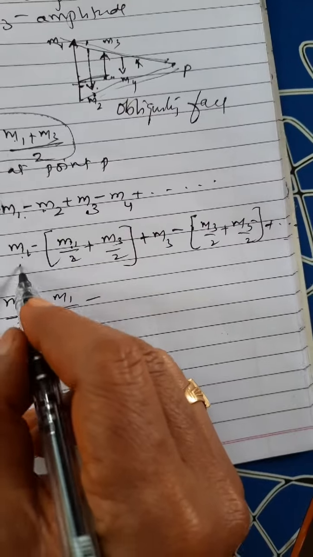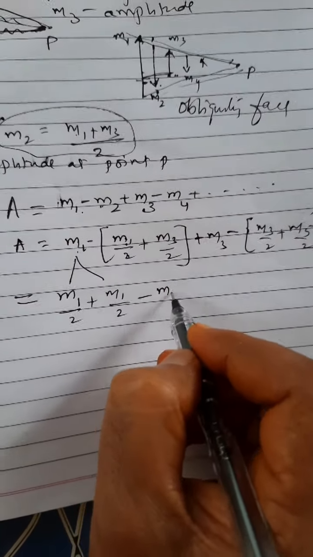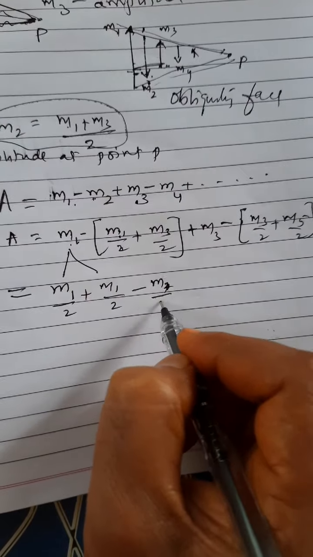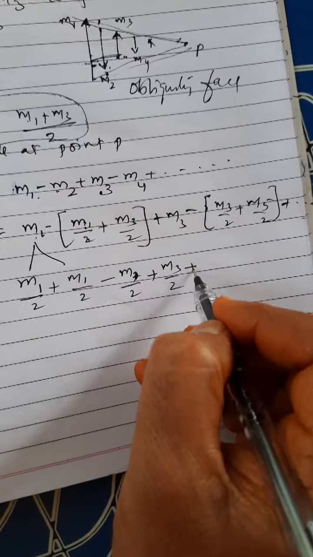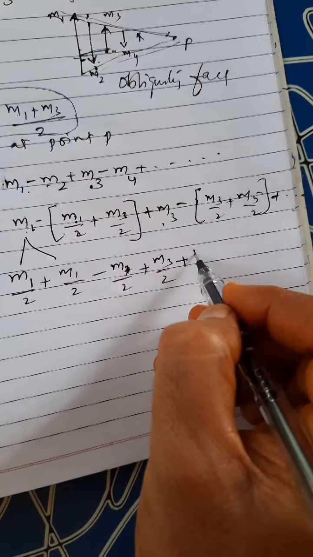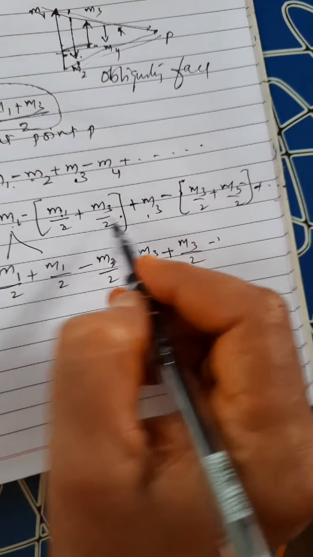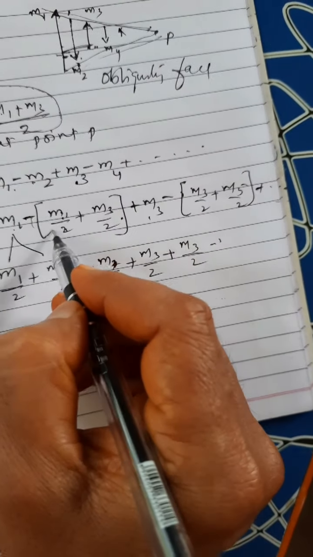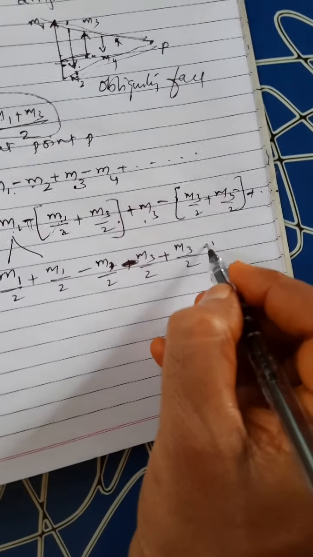And this M1, I am writing it as M1 by 2, M1 by 2 minus M2, M1 by 2 plus M3 by 2, plus M3 by 2 minus, this is minus. So this becomes minus.